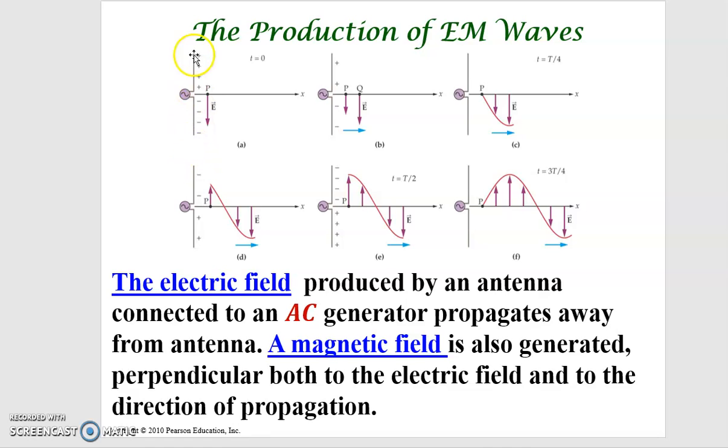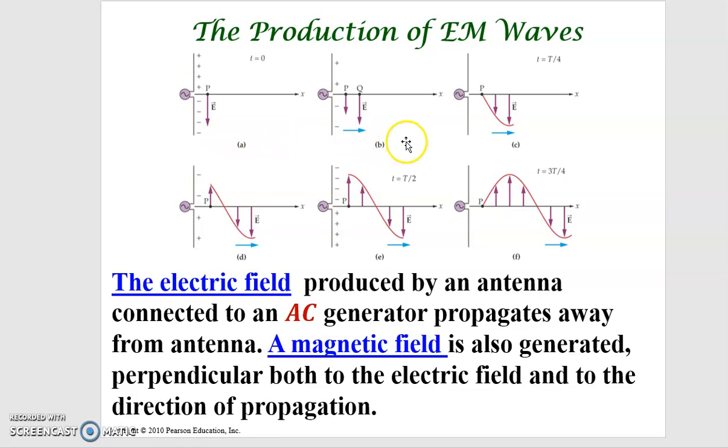Now the antenna is attached to the AC current. At t equal to 0, the current is going in this direction, and therefore positive charge will accumulate on the upper half of the antenna and negative charge in the lower half. We learned in chapter 19 that with this kind of charge distribution, the electric field is downward, from the positive to the negative.